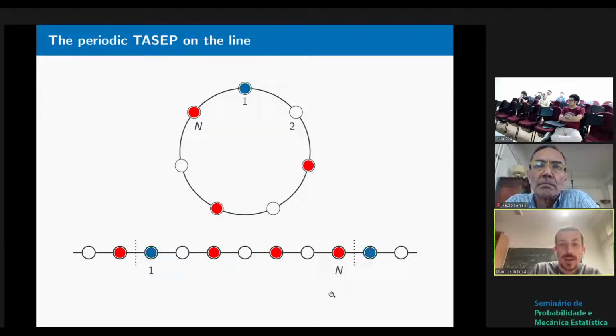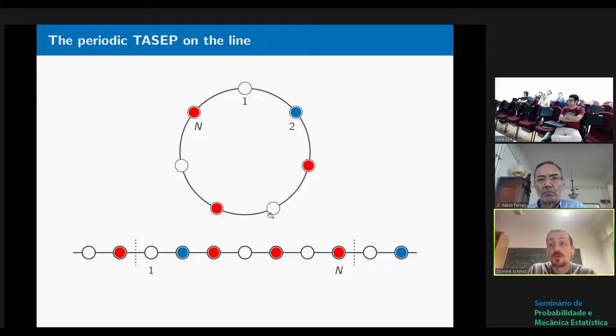So we have a particle at site 1, and also a particle over here at position n+1. And whenever I perform a jump, I also perform the jump for this particle in all of its periodic copies. So it's just unfolding the circle and taking periodic copies of it.